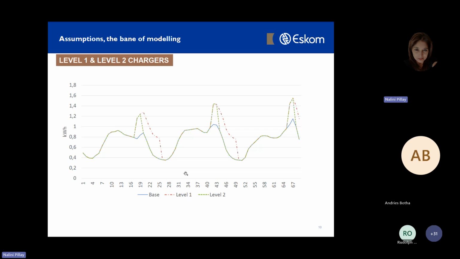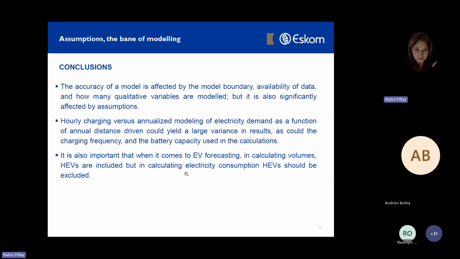So in conclusion, of course, the model is affected significantly by your model boundaries, your availability of data, how many qualitative variables you have modeled, but it's also affected by your assumptions.